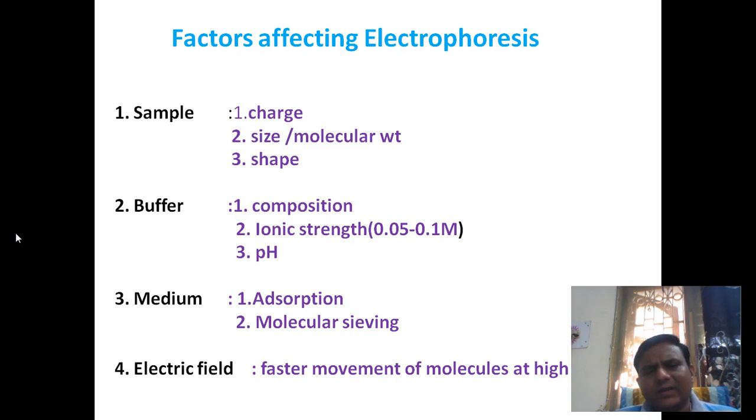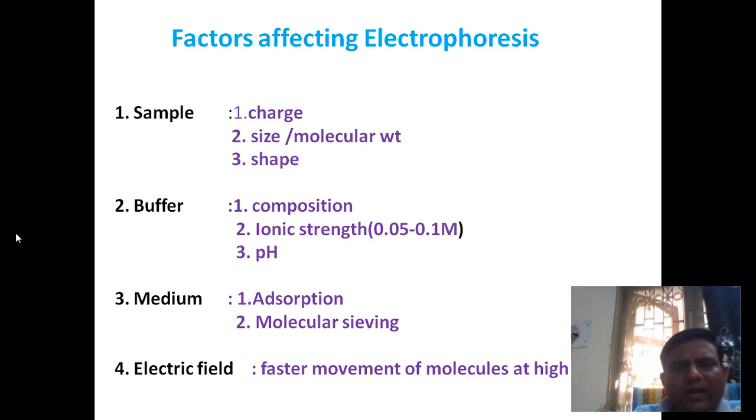For example, at higher pH the charge of an acidic molecule will increase, and if the pH is low, that low pH is responsible for increasing the charge of a basic molecule.